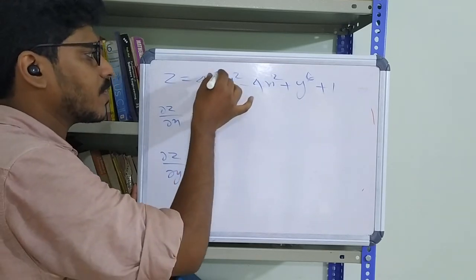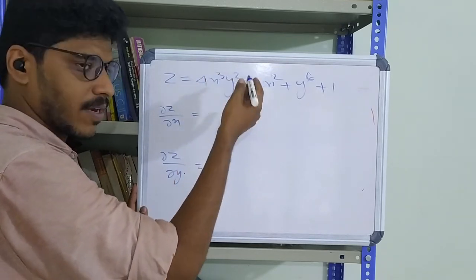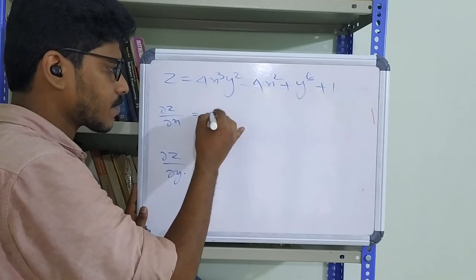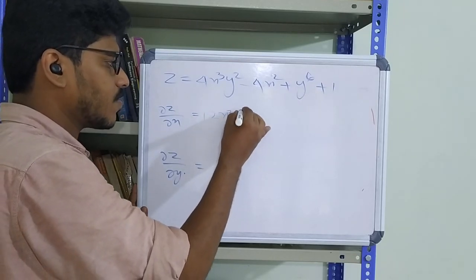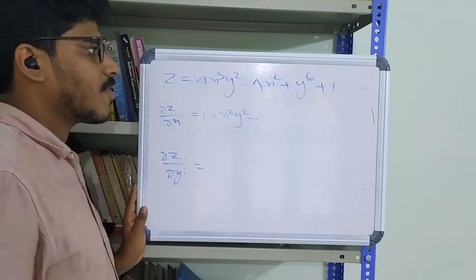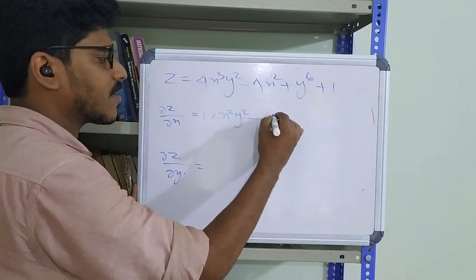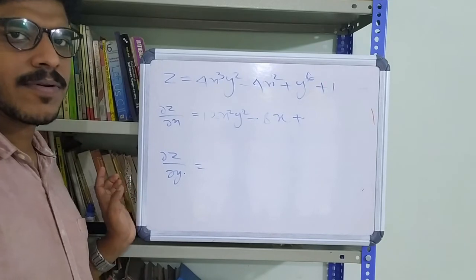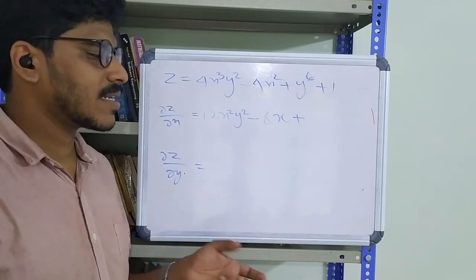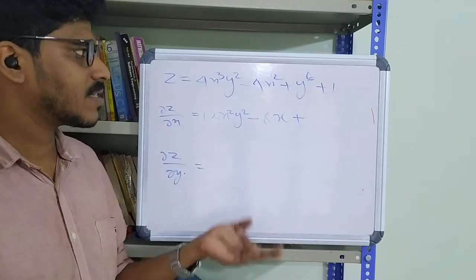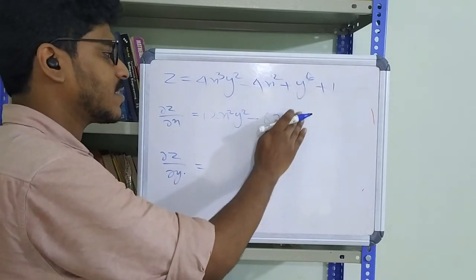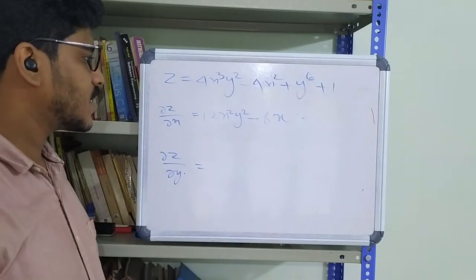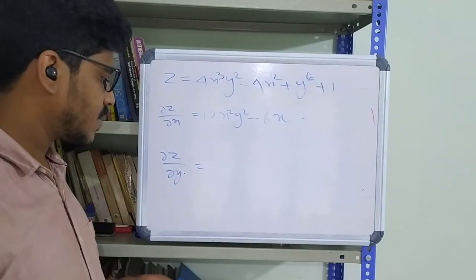So 4 into 3 will be 12, 12x square y square. Minus 4x square with respect to x will have the derivative 8x. Plus, if y is a constant, y raised to 6 is a constant, and the derivative of a constant with respect to x is 0, and plus 1 is again 0. So ∂z/∂x is 12x square y square minus 8x.